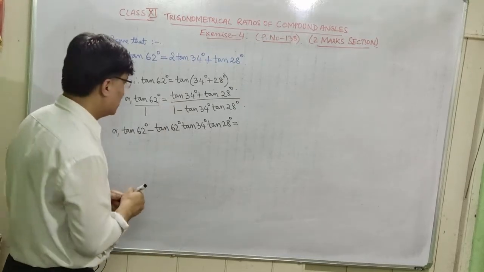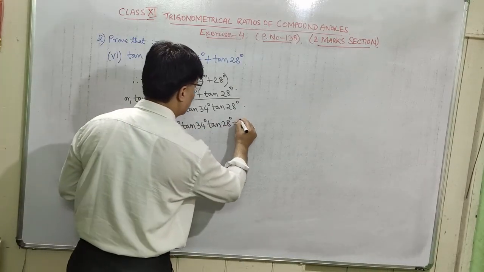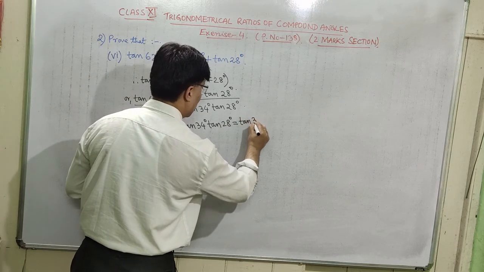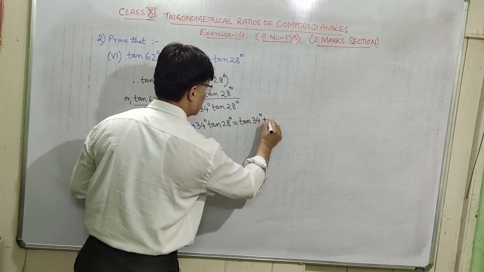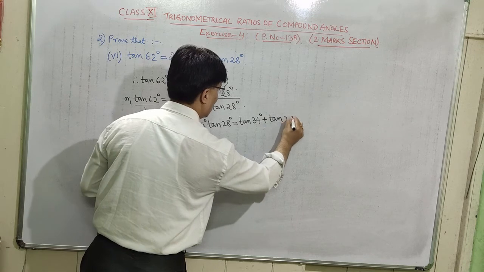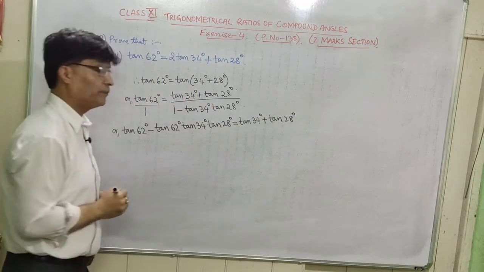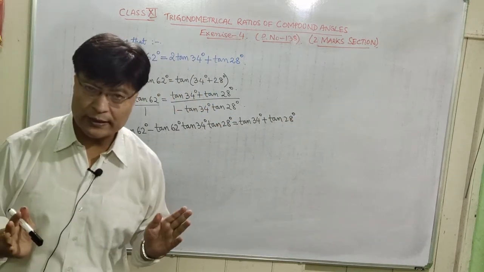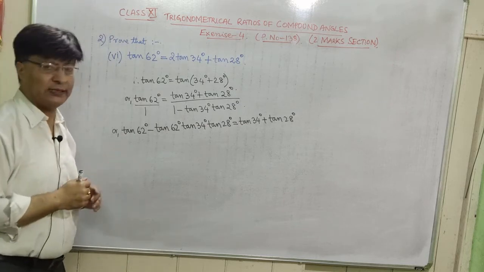Cross multiply by 1 here. So if you cross multiply by 1 here, you will get tan 34 degree plus tan 28 degree. So I think you have understood it.